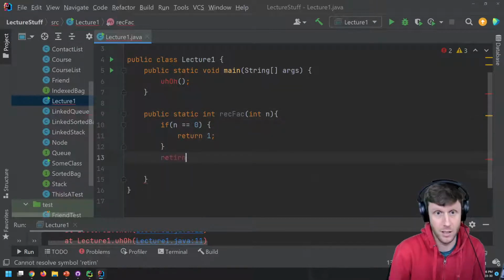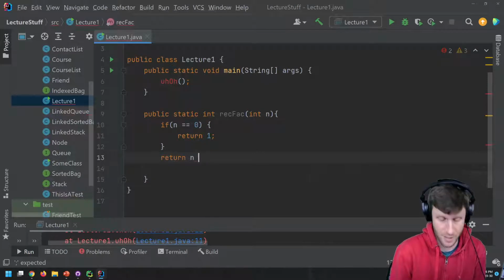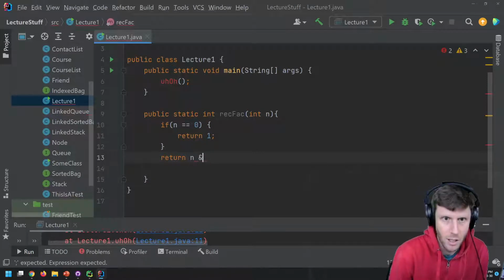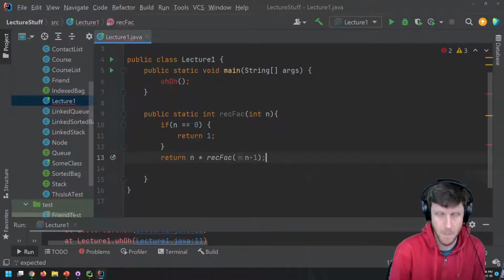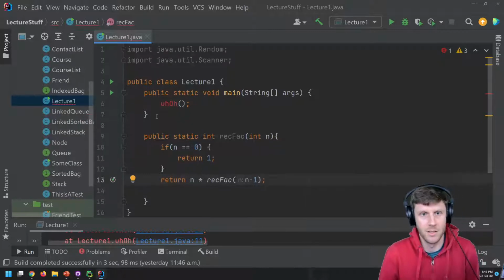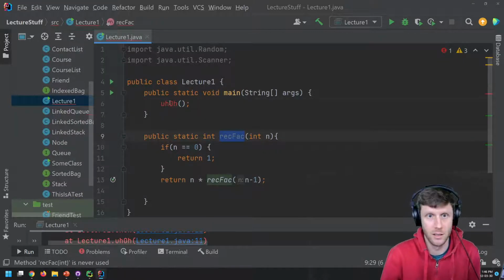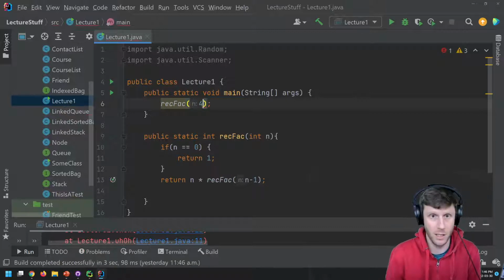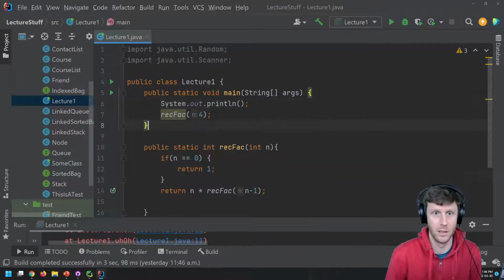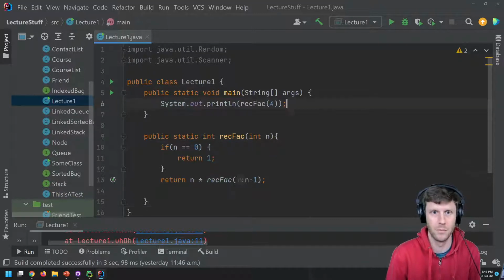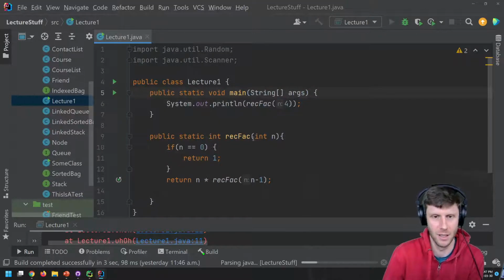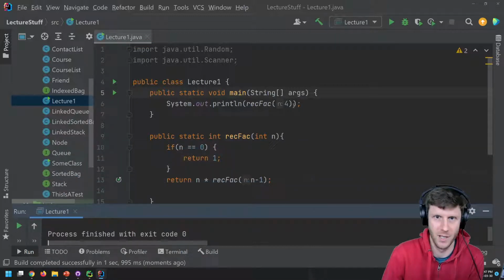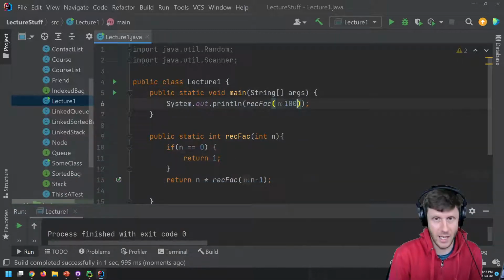Else return n times recursive factorial of n minus 1. Okay. So if I go here and call it with 4, and run this, I better see 24 as the answer. 24. Now, the question was, what happens if I do like 10,000?